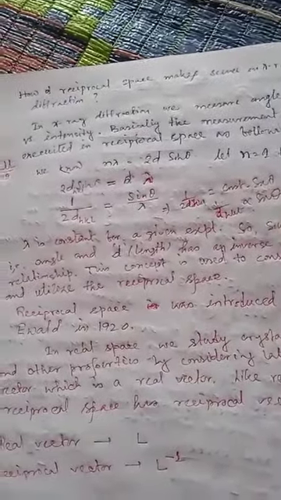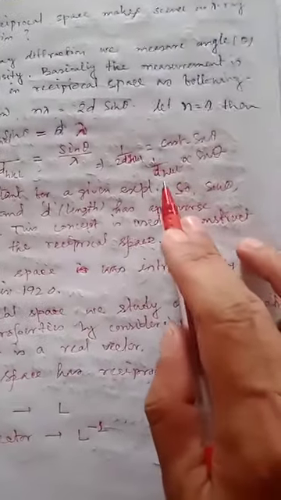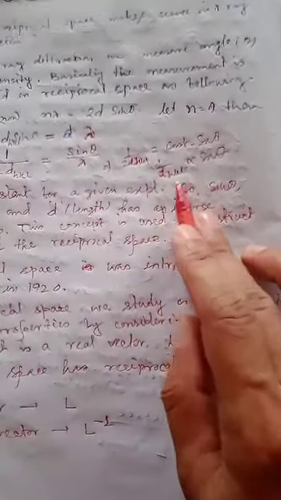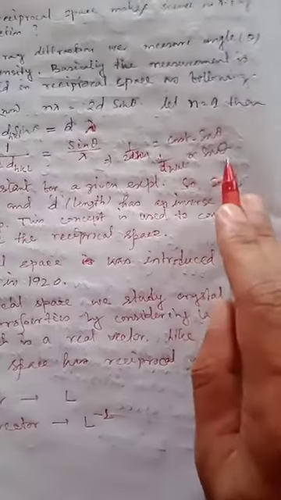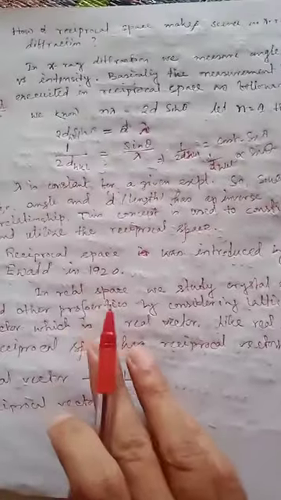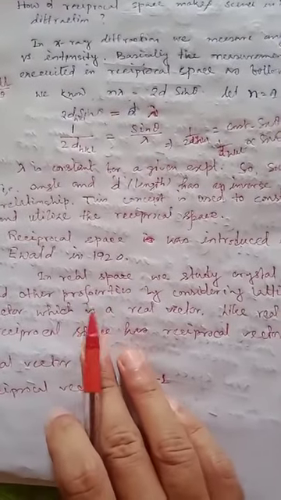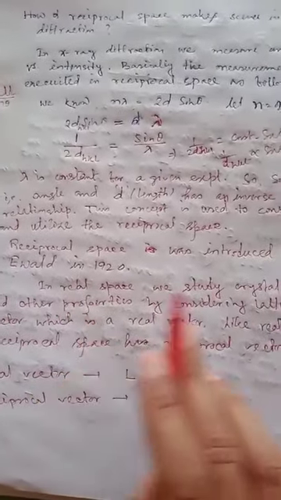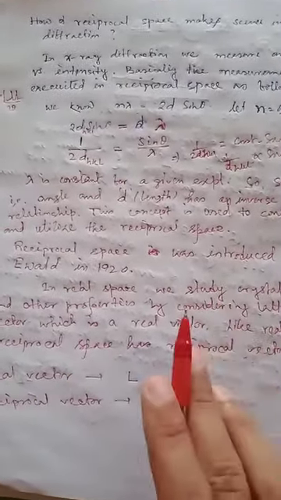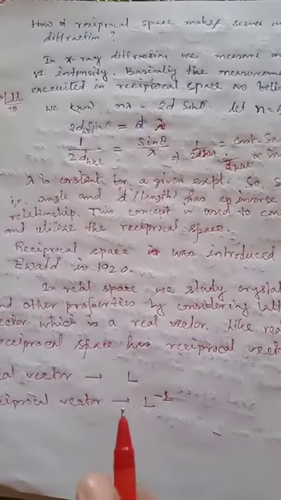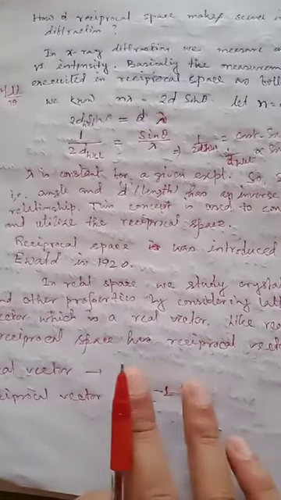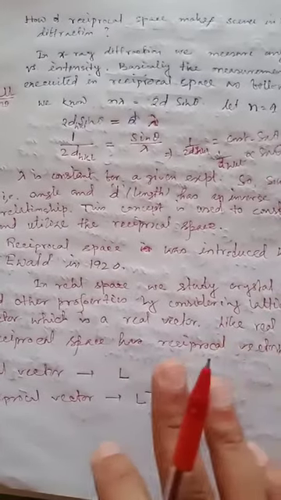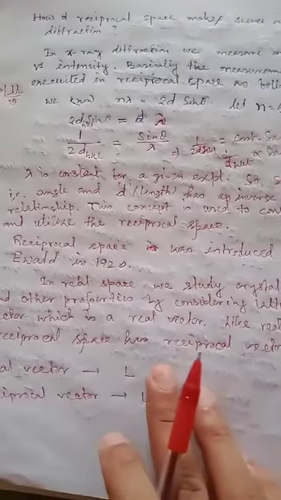Now d is the distance, it is a length. So 1 by length is proportional to sin theta. So the relationship between angle theta and distance is basically a reciprocal relationship. That's why we introduce reciprocal space, because it is easier to understand a direct relationship than an inverse relationship.